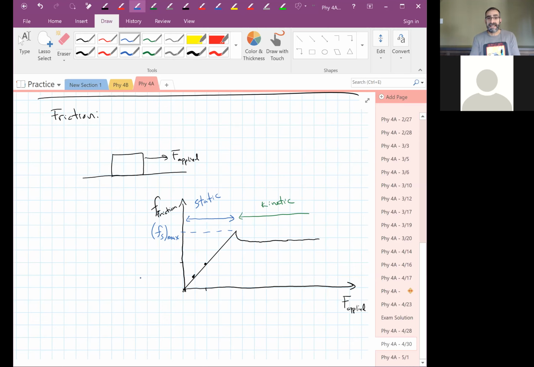You can't calculate static friction by itself without knowing some other information. Static friction might be 0. It might be 1 or 2 newtons. It might be 1.65 newtons. We don't know what it is unless we look at the other forces and analyze the situation. Then we can figure out what the static friction is. But we can calculate the maximum it can be. We can calculate the maximum static friction force from this equation.